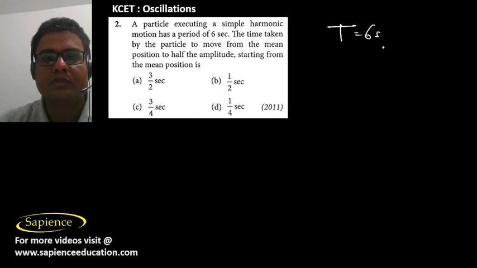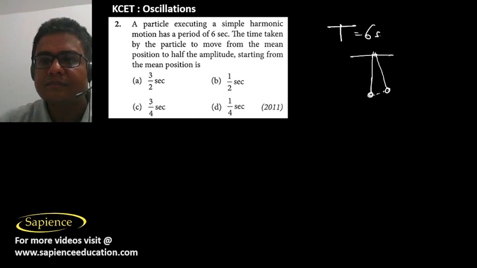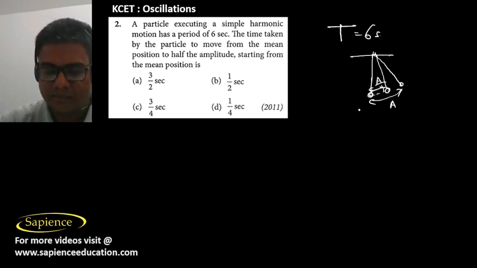The time taken by the particle to move from the mean position to half the amplitude, starting from the mean position. So let's say the amplitude is a, then half the amplitude is a by 2. So what time will it take?